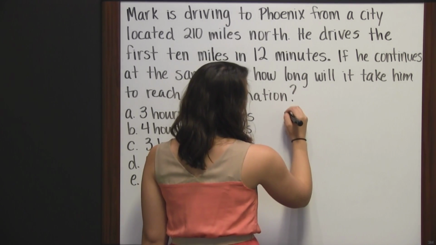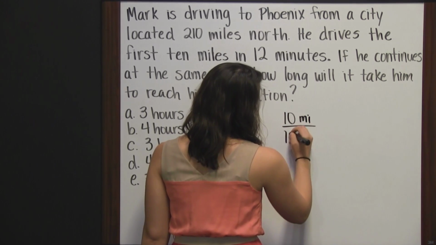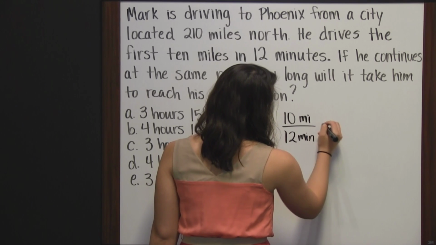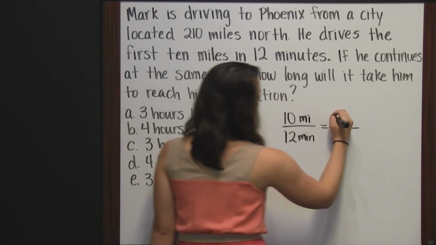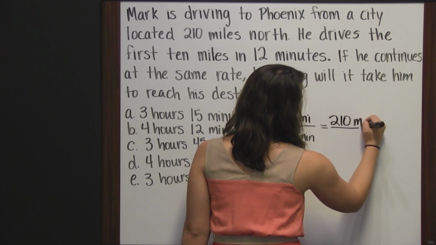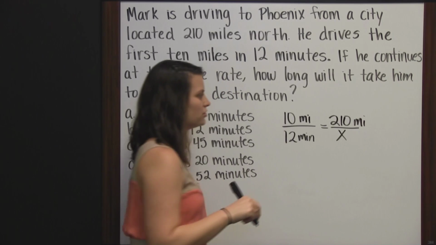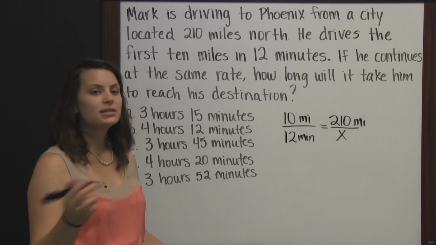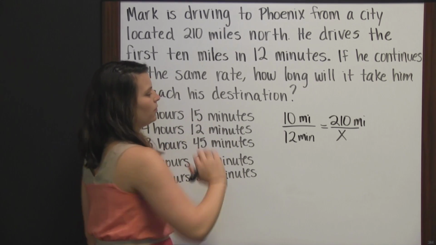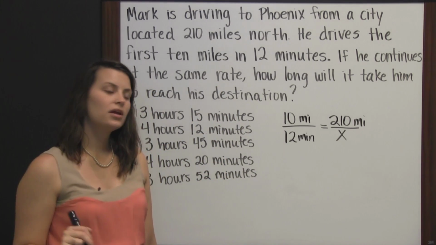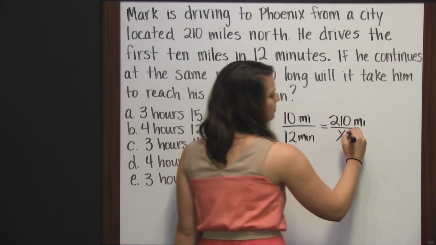So that's one ratio: 10 miles took 12 minutes. What we want to know is how long it took him to drive the 210 miles. And since he continues at the same rate, we can use this proportion to solve and find how long it's going to take him in minutes.